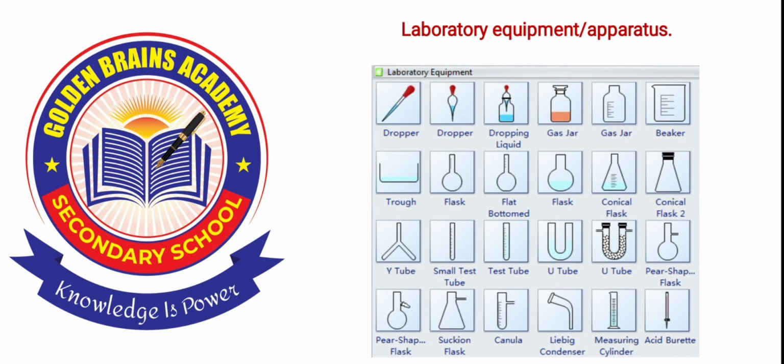These are some of the examples. You can have a look at them. These are things we find in the laboratory. We have dropper, we have gas jar, we have beaker, we have trough, we have flask, round bottomed, flat bottom, conical bottom. We have the wide tube, we have the pear-shaped flask, we have the cannula, we have burette, measuring cylinder.